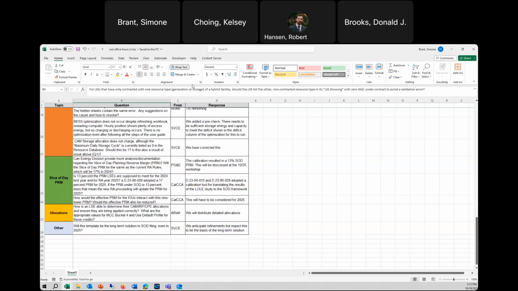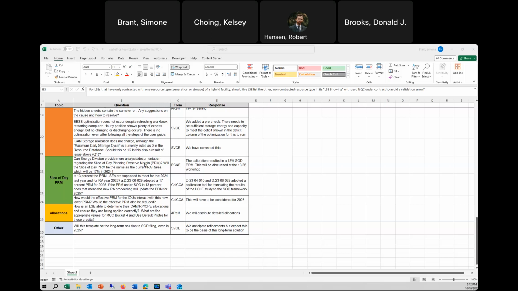Sure. So we're going to be sending out summary tables to each LSE in the future that gives a better picture of the allocations by category. But in the meantime, if you want to check that everything's allocated correctly, firstly, the local and flex requirements are exactly the same as what was allocated in the binding compliance framework.